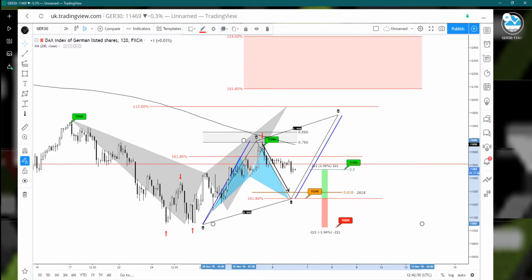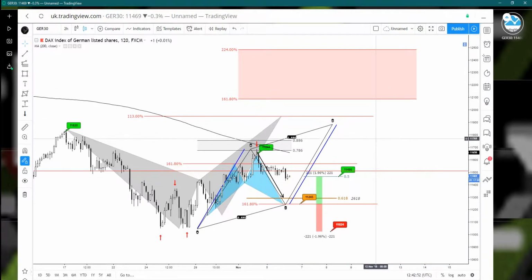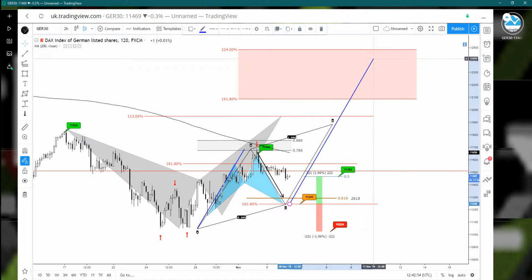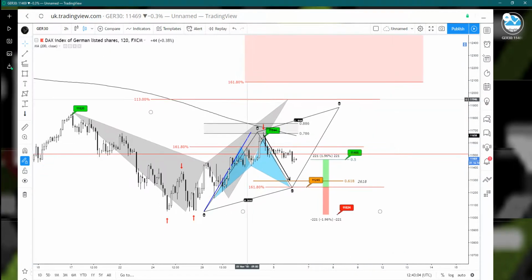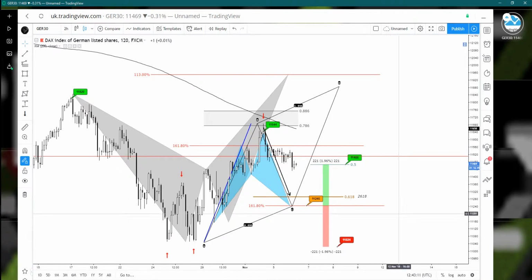Let's use the 224 extension. Actually, you can see it in our charts. So this ABCD pattern can extend to those levels. First things first, and one step after another. Don't rush your trade and don't start to buy the market just because we have default projections above.